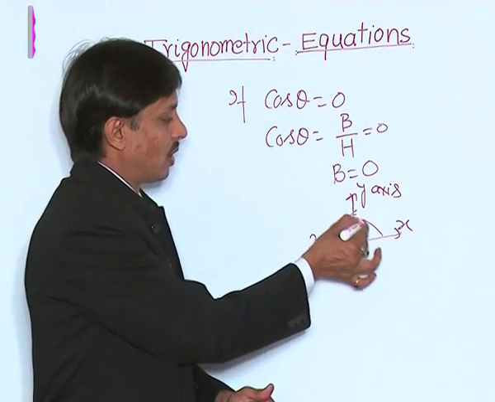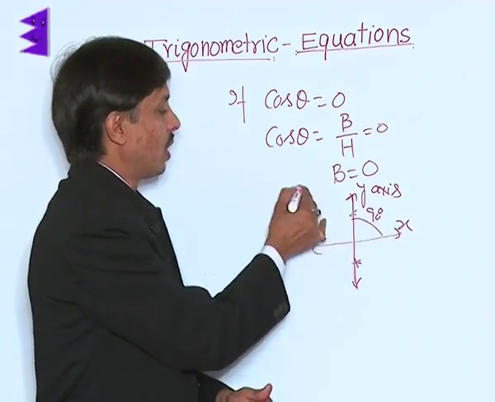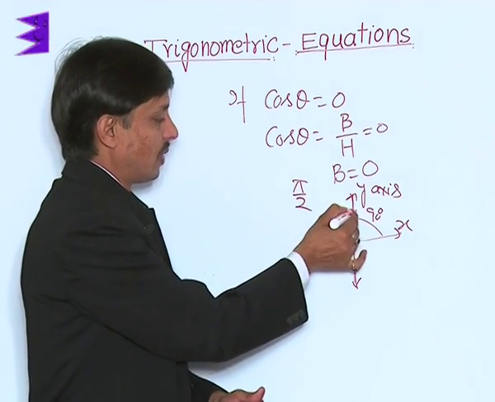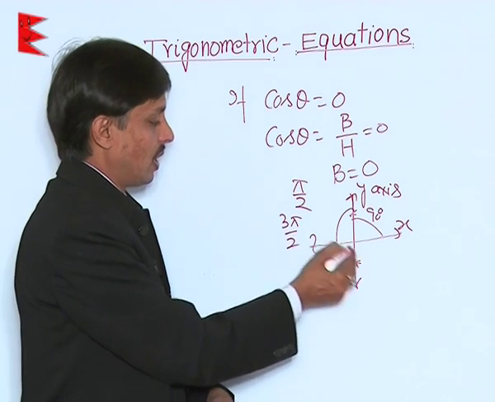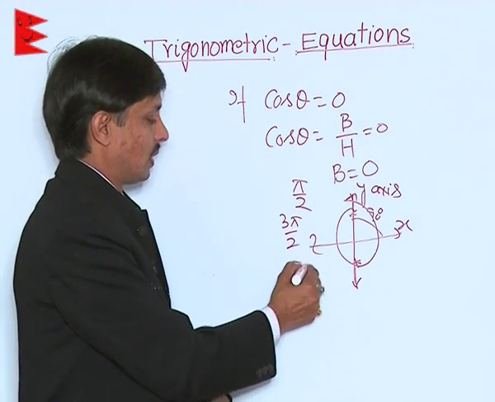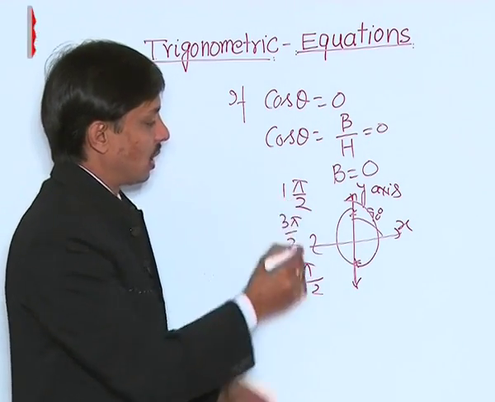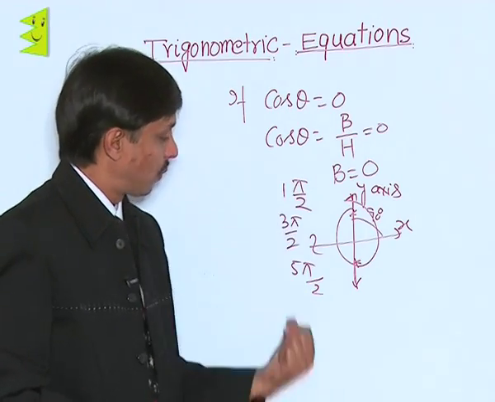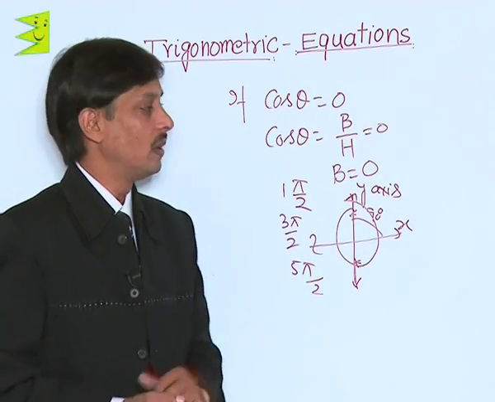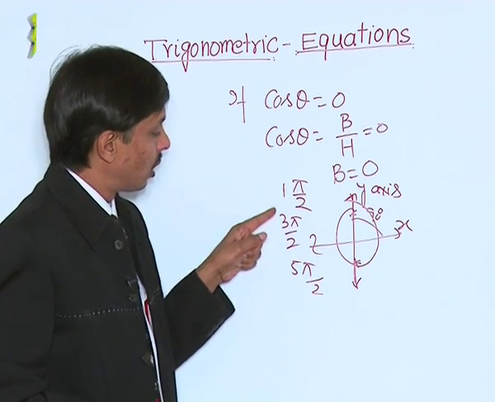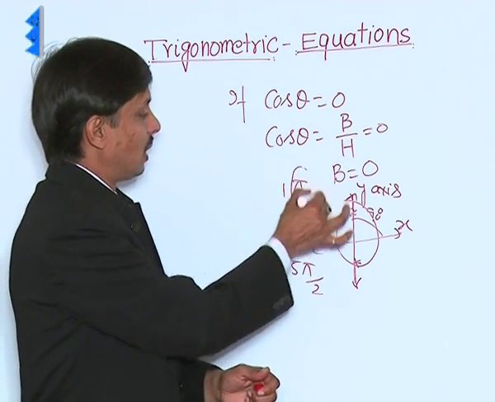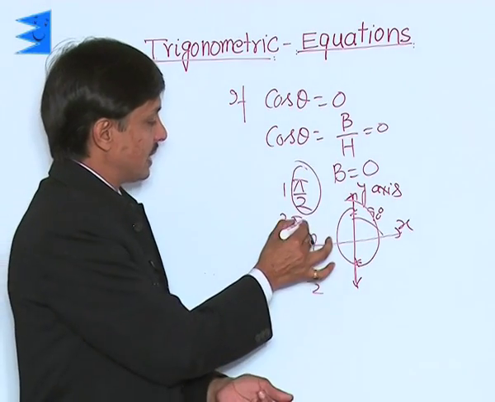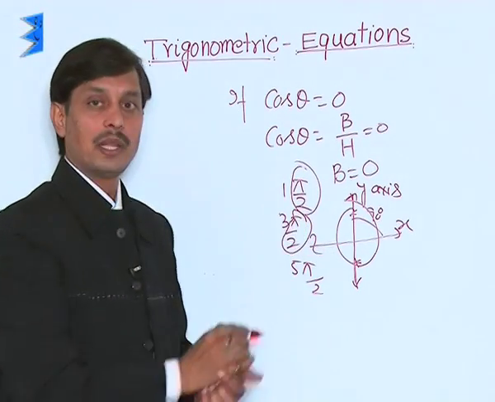So the first angle on the y-axis is 90 degrees, or we can say pi by 2. Then pi by 2 plus pi, that is 3 pi by 2. Then again 5 pi by 2. So what conclusion are we drawing from this discussion? That all are odd multiples of pi by 2. Firstly, pi by 2 is multiplied by 1. Secondly, pi by 2 is multiplied by 3.